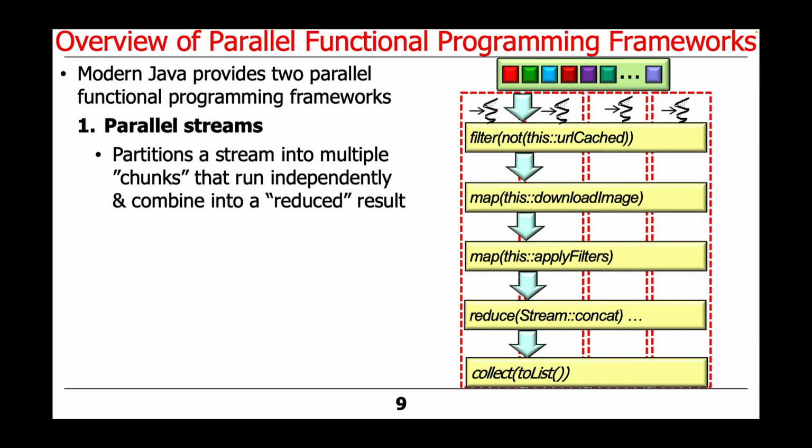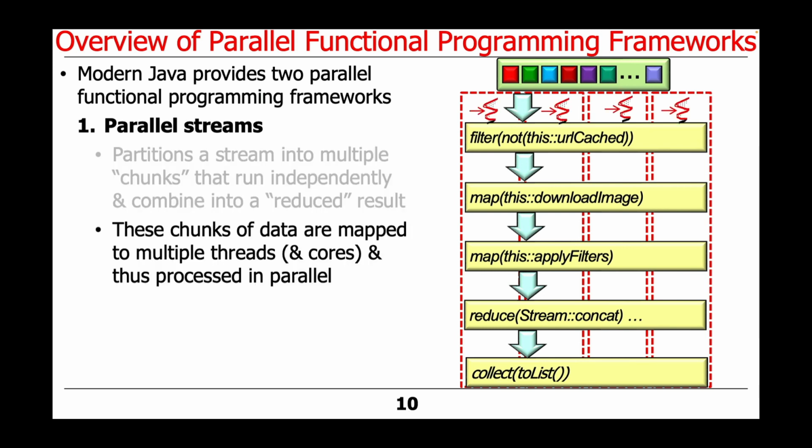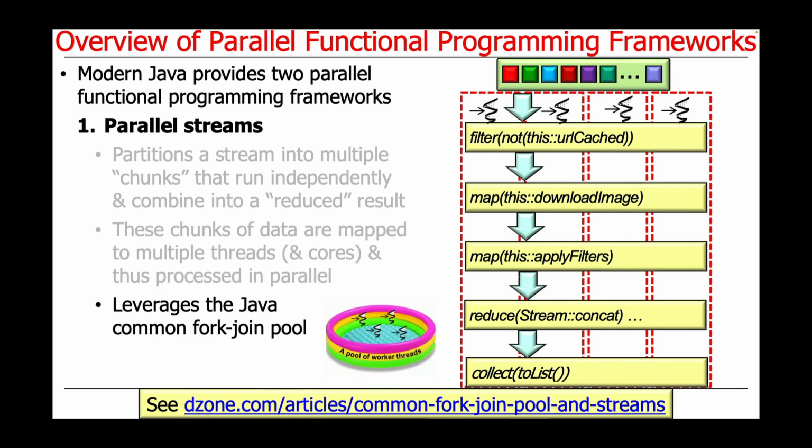So that's how the stream process works. The chunks of data that it works on are mapped transparently to multiple threads and multiple cores, and therefore they can run in parallel. So all the threading abstractions, the forking and joining and so on, is all completely hidden from you, which is wonderful because it's often tedious and error-prone to program stuff like that.